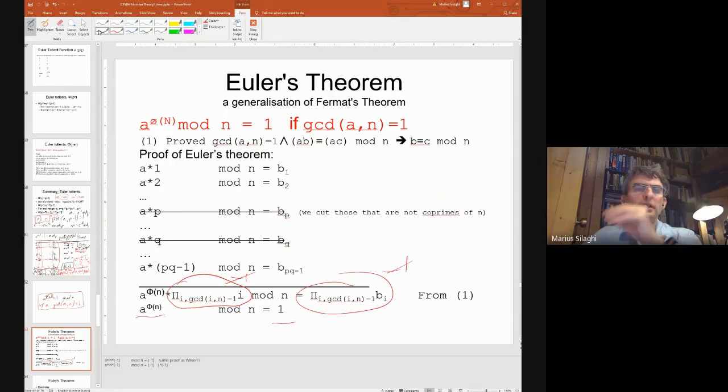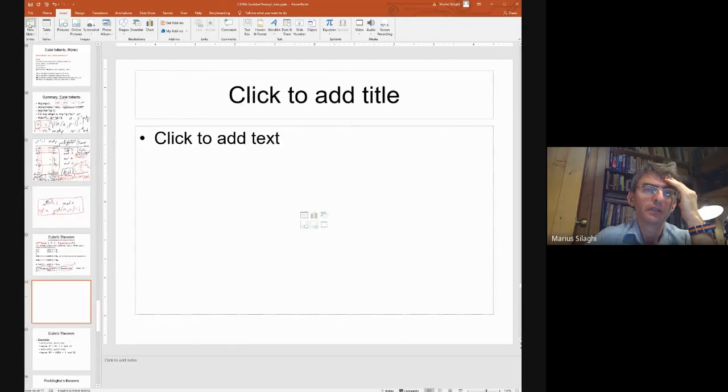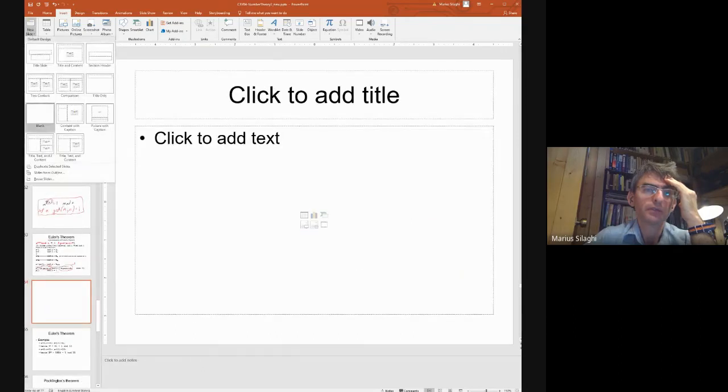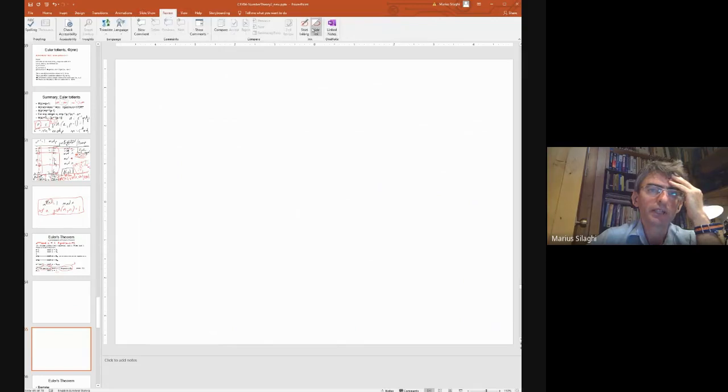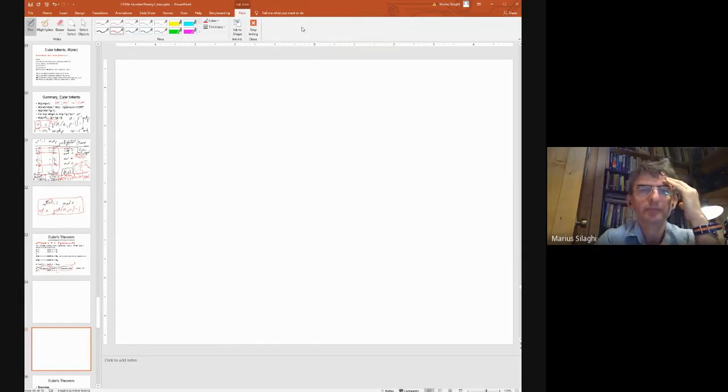Let's see a couple of examples of Euler's theorem. Let n be the product of two numbers. 10 is a simple product of two numbers, right? 2 times 5.